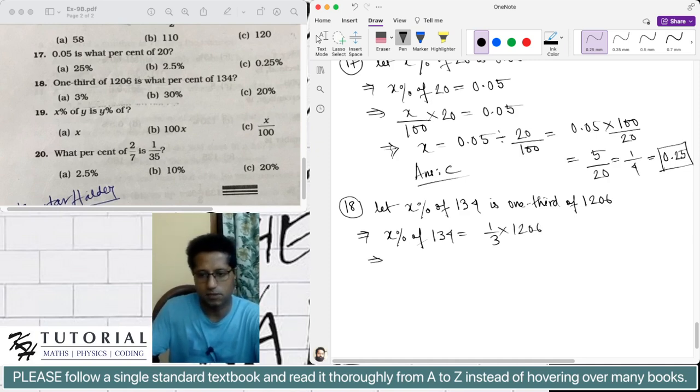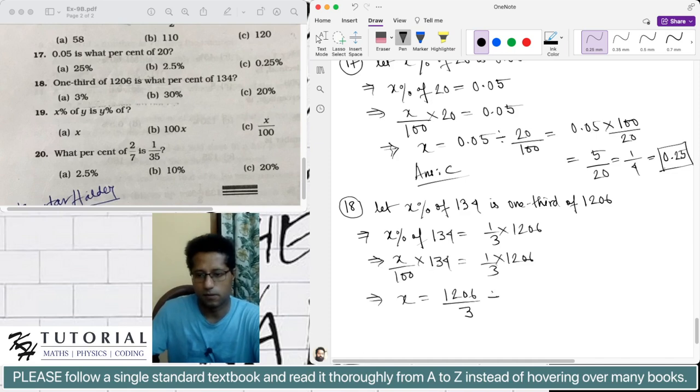Now x percentage of 134 means x by 100 multiplied by 134 is equal to one third multiplied by 1206. So this implies x is equal to 1206 by 3 divided by 134 by 100.